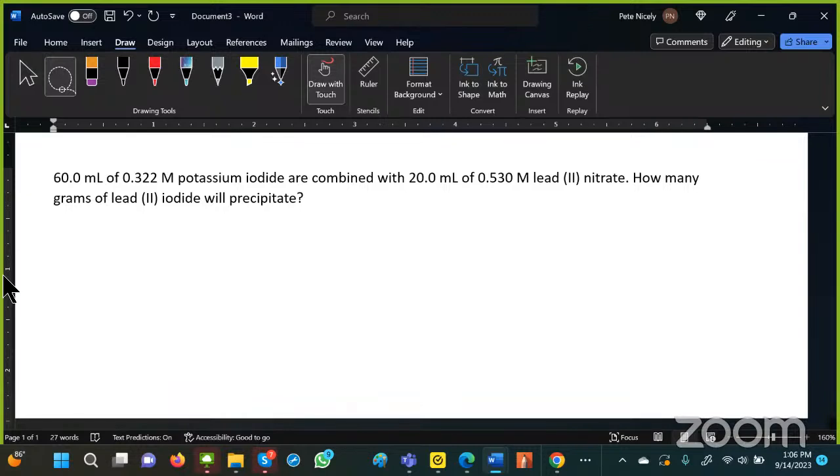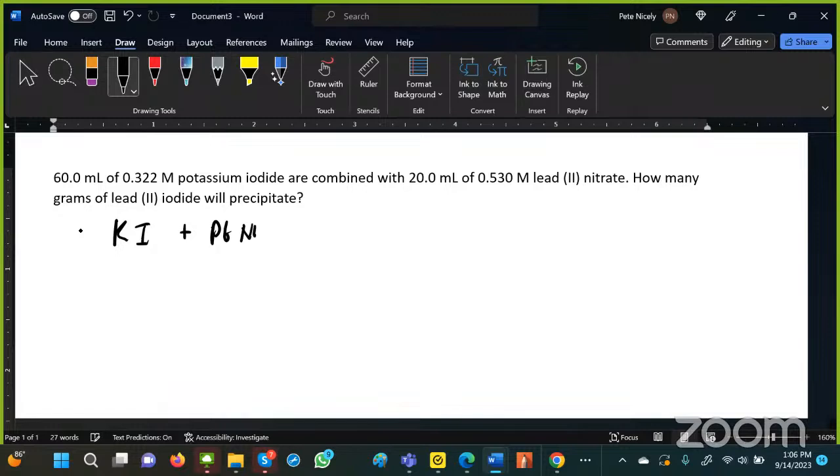Let's start off with the reactants and products. What would be the reactants based on the information provided? Okay, potassium iodide, which is KI, plus, what's the formula for lead(II) nitrate? Anybody can tell me? Pb, not quite.